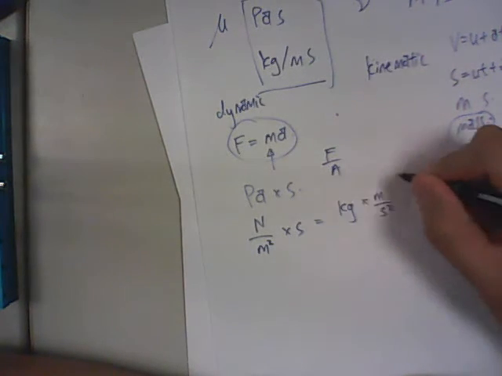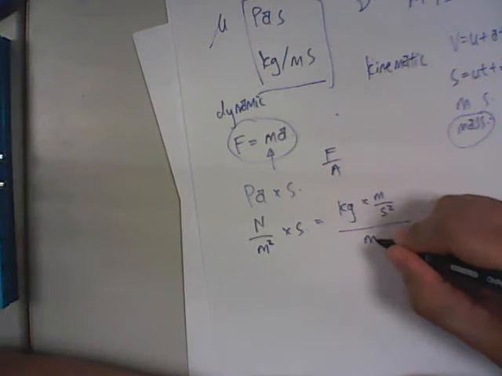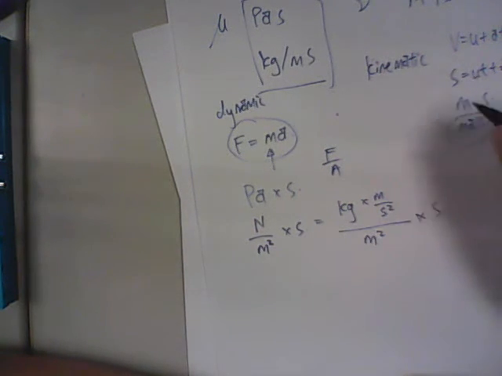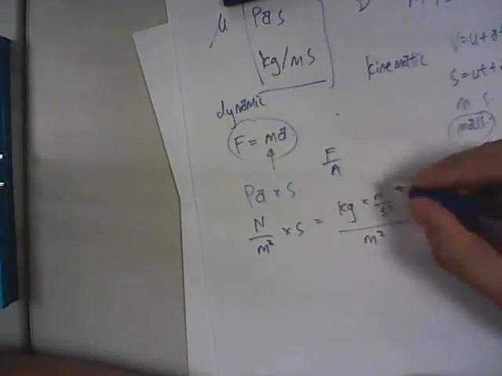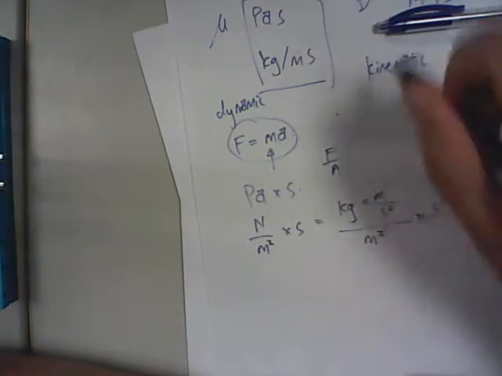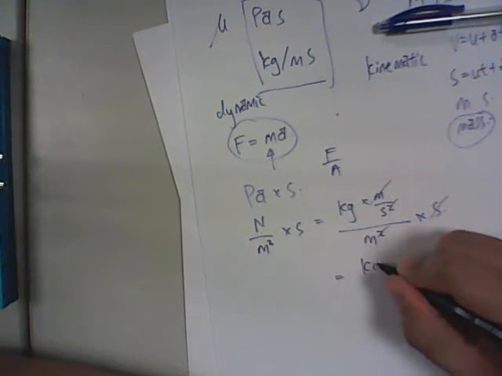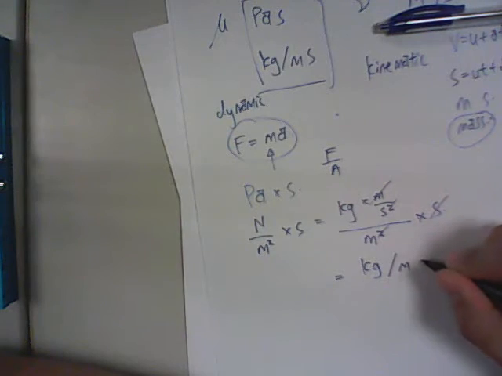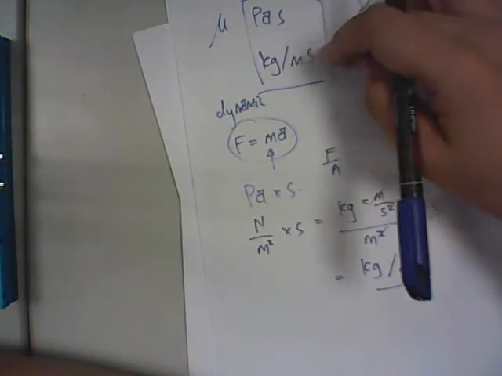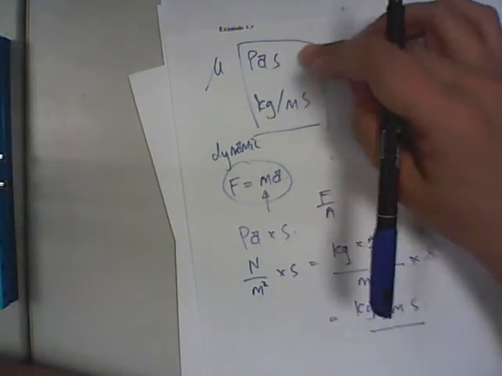So this is actually Newton over meter square times second. Okay, you can actually cancel out, and you will realize that you are left with kilogram per meter second. This is how you derive that they are indeed the same.